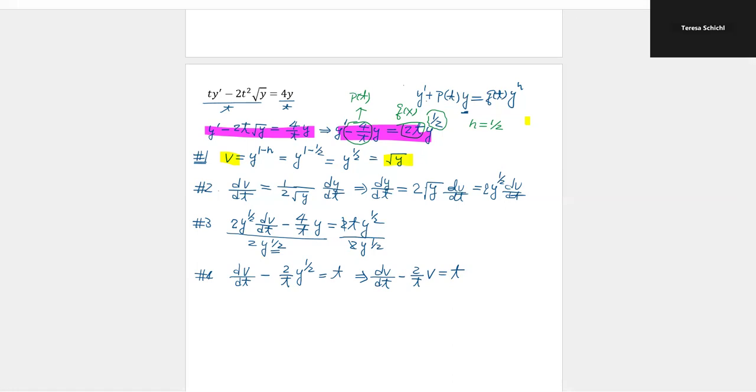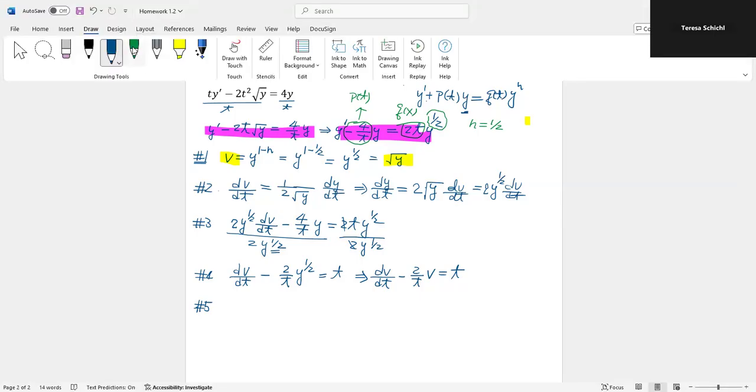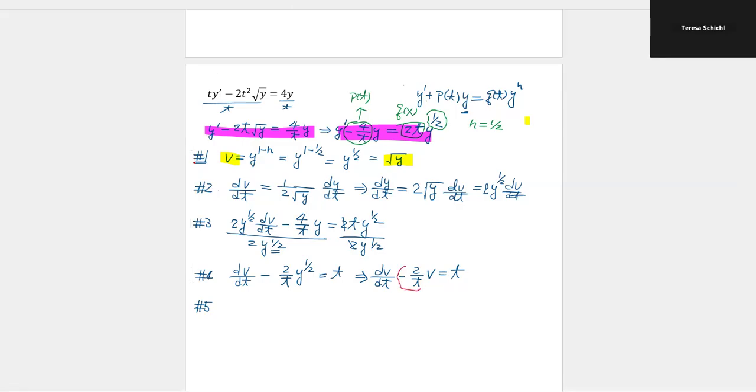Now the next thing is step number 5. Let's try to find the integrating factor. This is my new P(t).